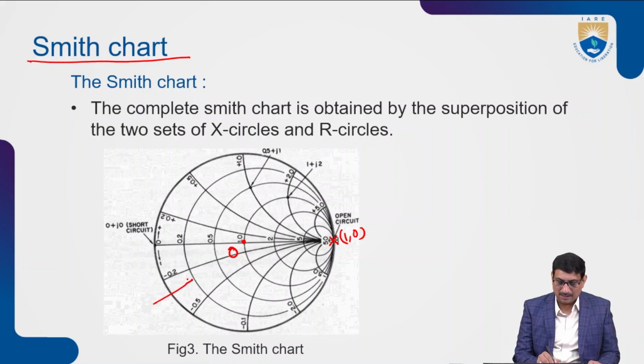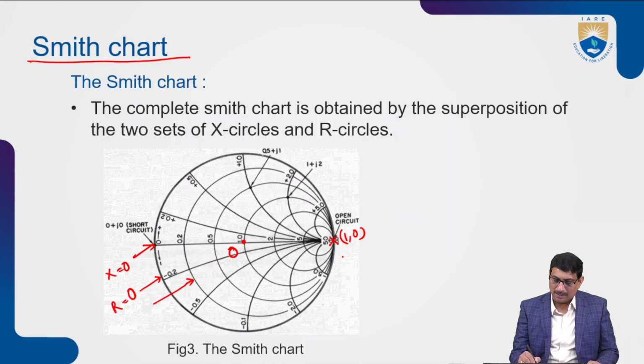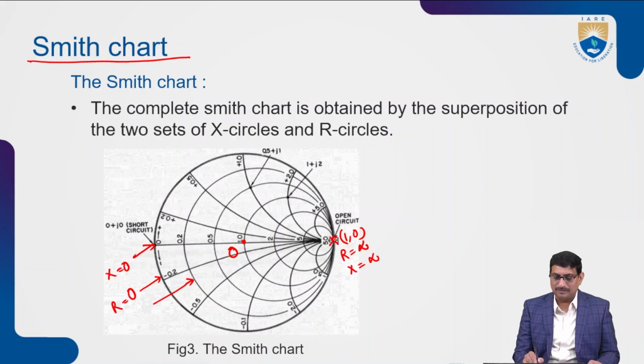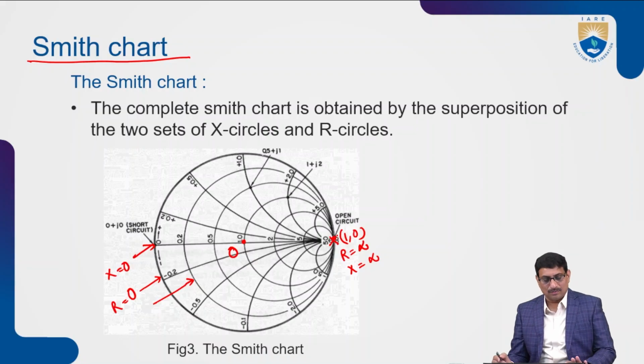And these are all called R circles. The outermost circle is called the R equal to 0 circle, and this straight line is called the X equal to 0 circle, whereas R equal to infinity as well as X equal to infinity are the circles which are the point itself at 1, 0. Therefore, the R equal to infinity and X equal to infinity circles are on the right hand side of this Smith chart, whereas the R equal to 0 and X equal to 0 circles are on the left hand side of the Smith chart.